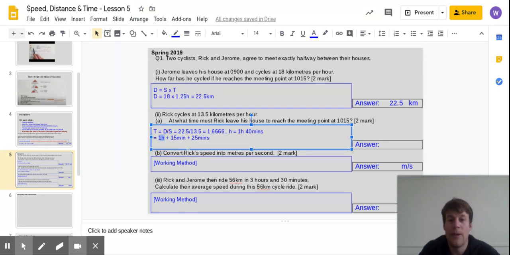So if it took him an hour, he'd have to leave at 9:15, but it takes him longer than that. Take away 15 minutes from 9:15 and you get 9 o'clock. And then take away 25 minutes from 9 and you get 8:35. And our answer is 08:35.